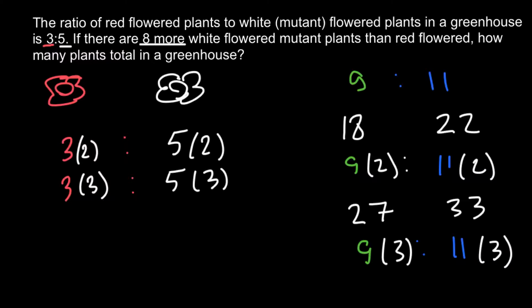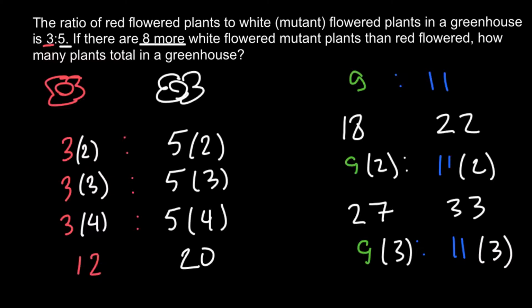Let's try again. Let's multiply each side by 4. So 3 to 5 is the same ratio, but this time let's multiply both sides by 4. So we are going to get 12 here and 20 here. 20 white flowered plants and 12 red flowered plants.